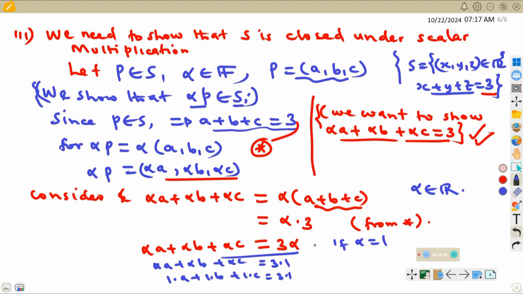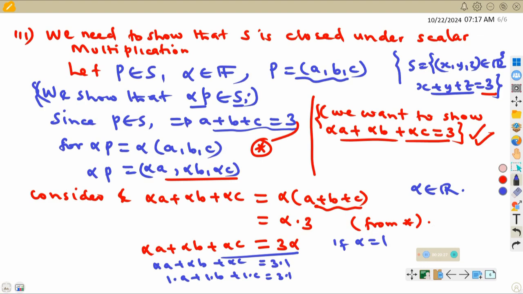If alpha is 0, you will get alpha A plus alpha B plus alpha C equal to 0, which will not hold for this given condition. If alpha is, for example, 2, you will have alpha A plus alpha B plus alpha C equal to 6, which will not hold true for this given condition.